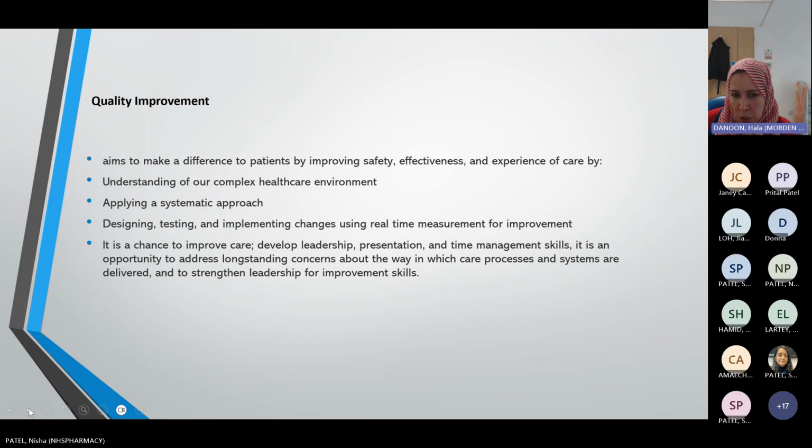It is an opportunity to address issues that we are facing within the practice, whether it is a process, an operation, a service, a system. Whatever we're trying to write the protocol, it could be writing a protocol about how to do your repeat dispensing, or writing a protocol for your prescribing team on how to deal with high risk medication. So there's variable things that we can use the protocols for. Next slide, please, Nisha.